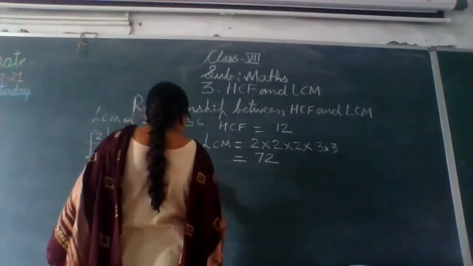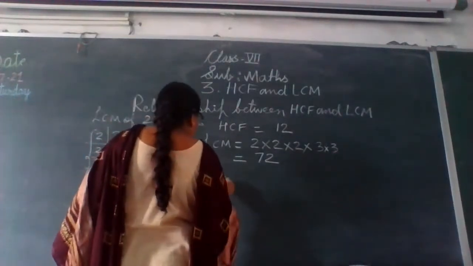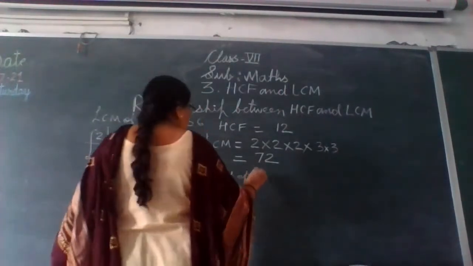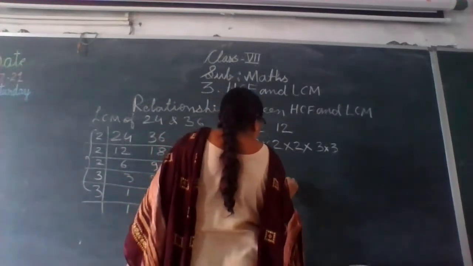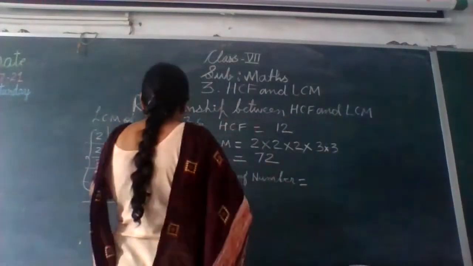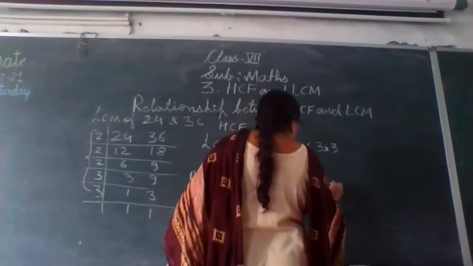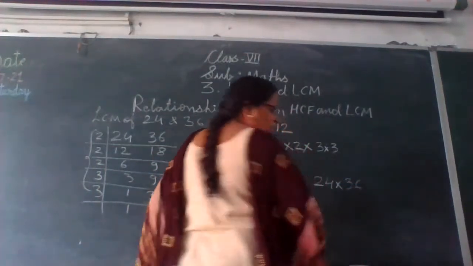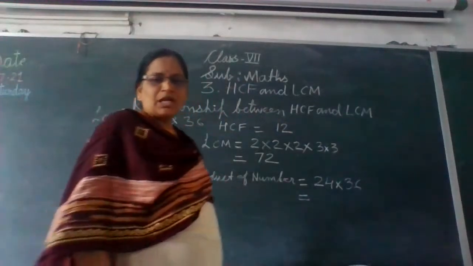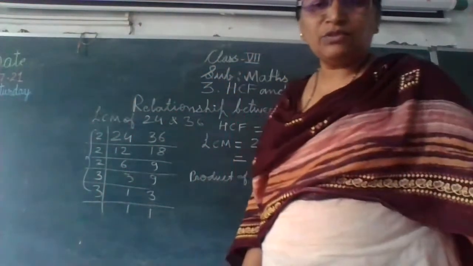Now apply the relation. Product of the numbers. So what are the numbers? 24 multiplied by 36. So what is the product? See, beta, 24 multiplied by 36 is what, beta?